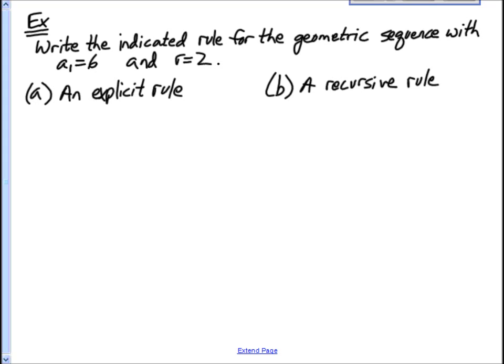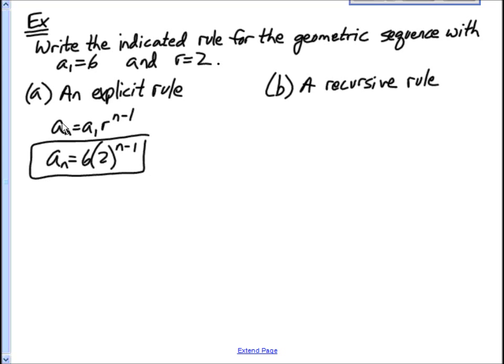So for a geometric sequence, you have your explicit rule, a1 r to the n minus 1, and they give you the first term, they give you the r, there's your explicit rule, right? Now think about it. Let's think about this geometric sequence.